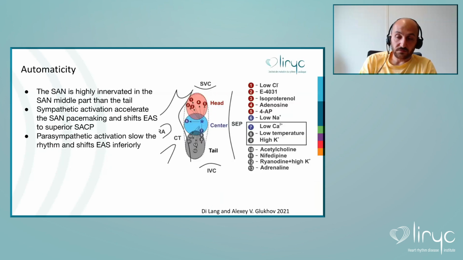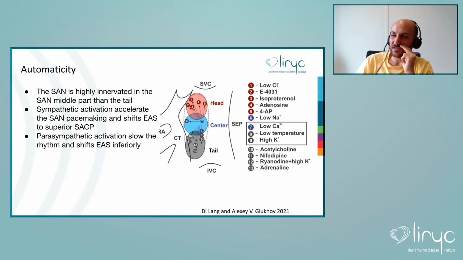But the SA node is highly innervated, especially in the middle part. So changes in parasympathetic or sympathetic activity can change the location of the earliest site of the SA node.